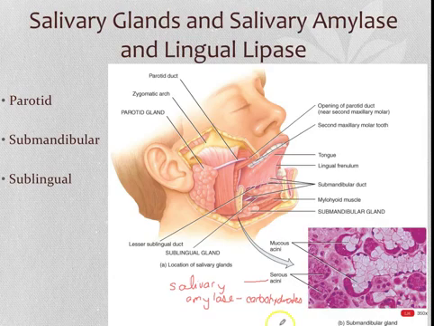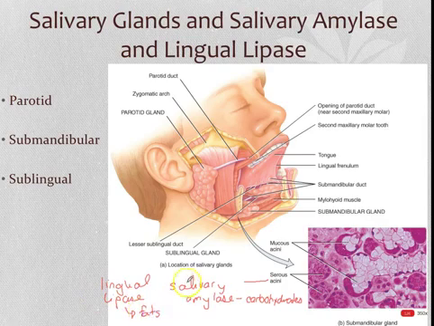They also are going to produce something called lingual lipase. And lingual lipase is another enzyme. So again, salivary amylase is an enzyme that breaks down carbohydrates. Lingual lipase is also going to break down foods, but it's going to break down fats.